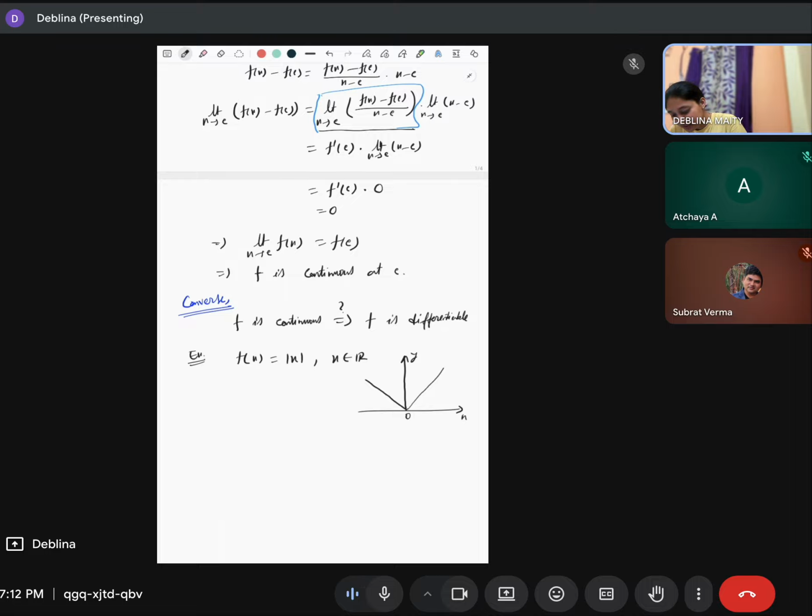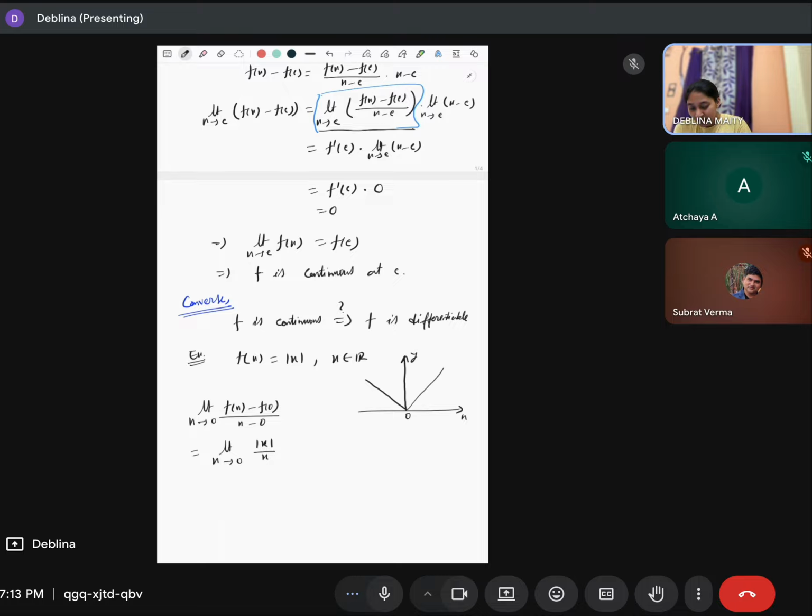By the definition, the limit as x goes to 0 of (f(x) minus f(0)) by (x minus 0) has to exist if it is differentiable at 0. Now what is that limit? It is the limit as x goes to 0 of mod x by x, since f(0) is 0.